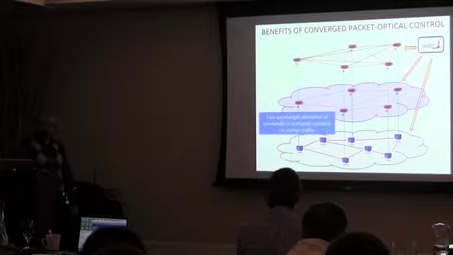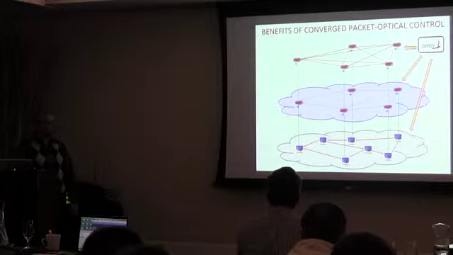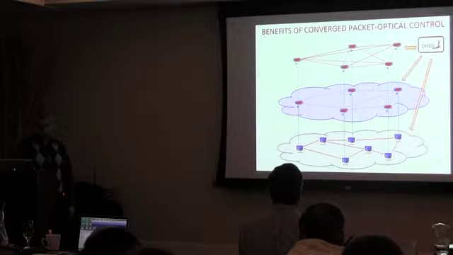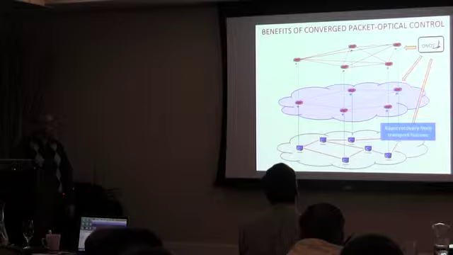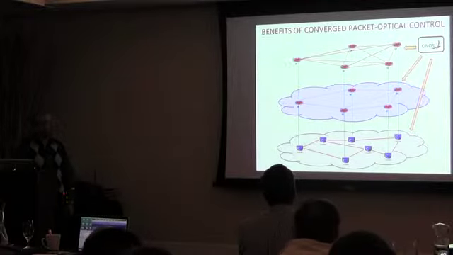A converged SDN control plane for packet and optical can address some of the issues we've been discussing all morning. With a converged SDN network, we also get rapid recovery from transport failure, which we talked about, and service provision agility. That's what we will also try to show you.